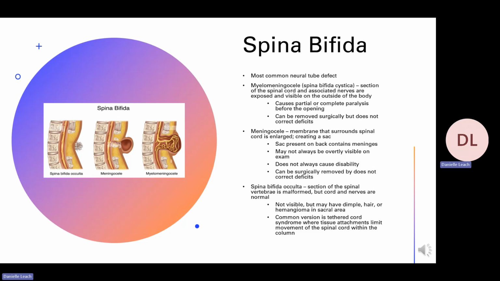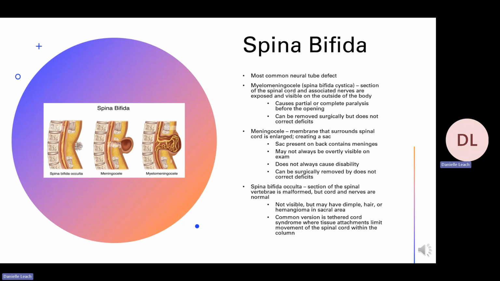A meningocele is where the membrane surrounding the spinal cord is enlarged and it creates a sac. This one, the sac is present on the back and it contains these meningeal fibers. Sometimes this one's a little bit smaller and it might not always be visible on exam. This one doesn't always cause disability, but it can.